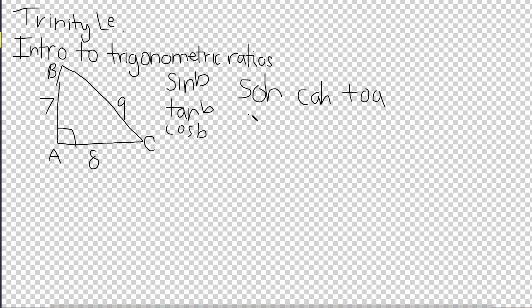So sin would be S. So sin is equal to opposite, O is for opposite, up over hypotenuse.